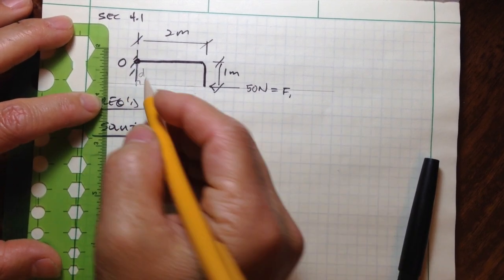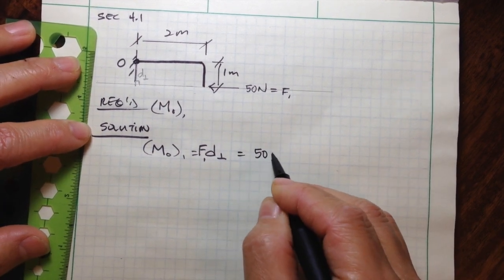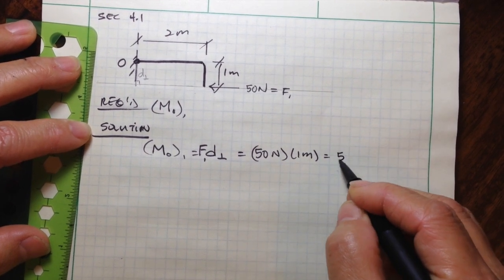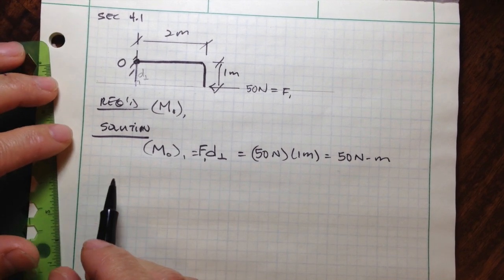So this would be D perpendicular. In this case, that would mean it's 50 newtons times 1 meter. That would produce a 50 newton-meter moment about point O.